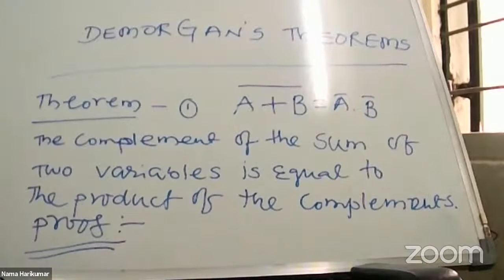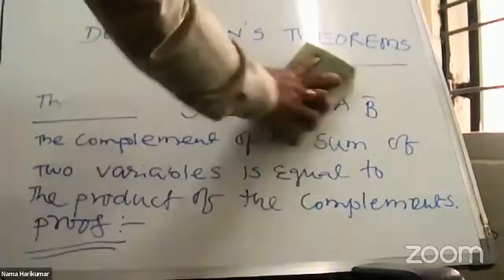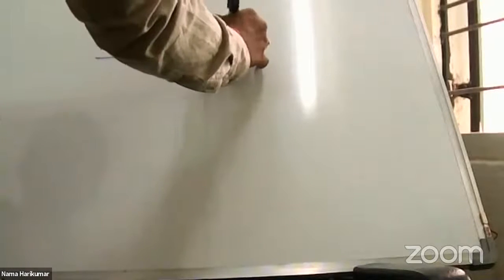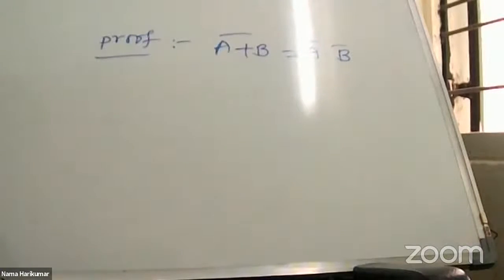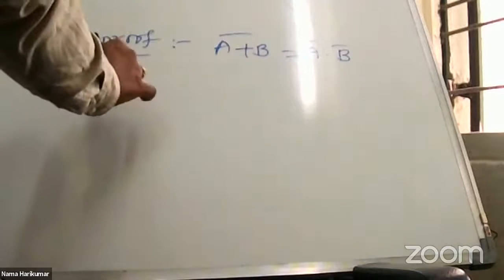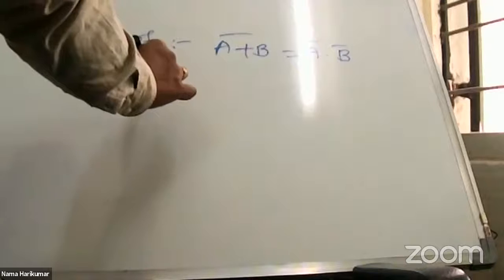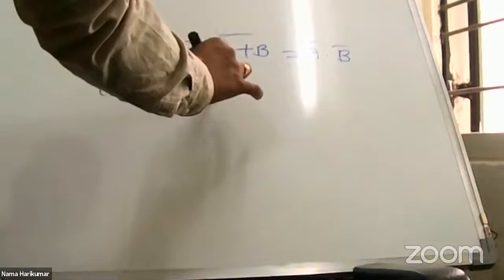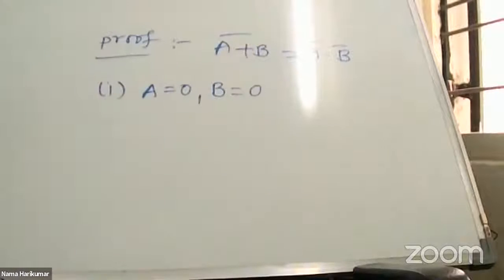Now, in the proof, first take the LHS. First combination: A equals 0 and B equals 0.